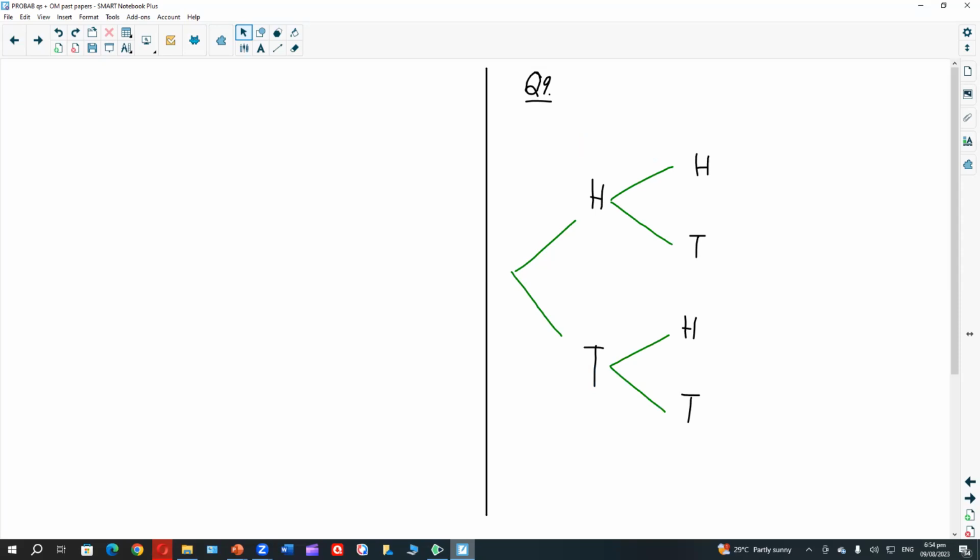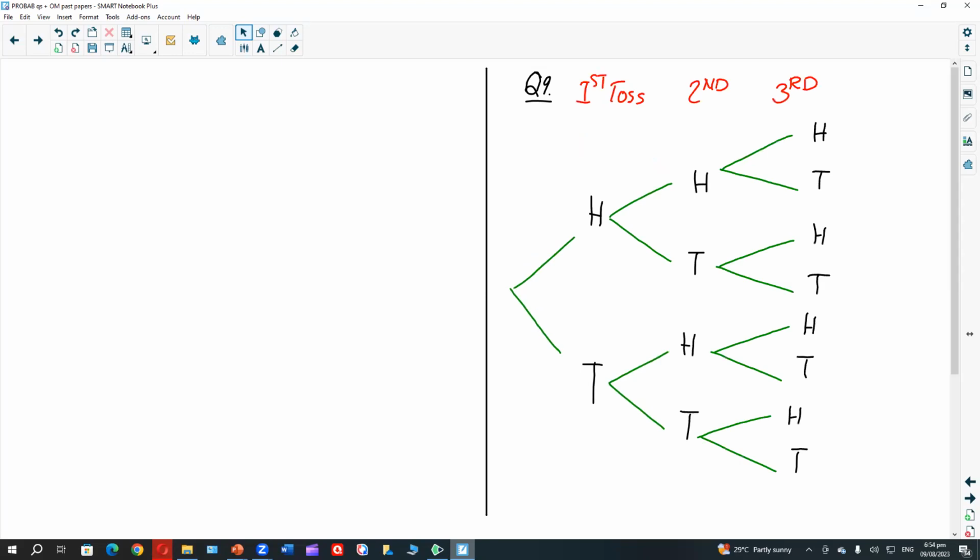Head and tail repeats in the second coin. So update the same diagram. I did. Then add the third coin.